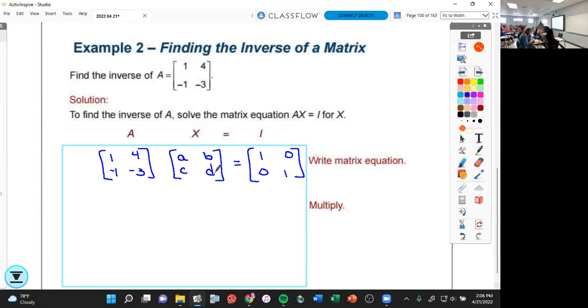Okay. Let's multiply this. What is row 1 times column 1? A plus 4C. Guess what that's going to equal? Any ideas? 1. Okay.